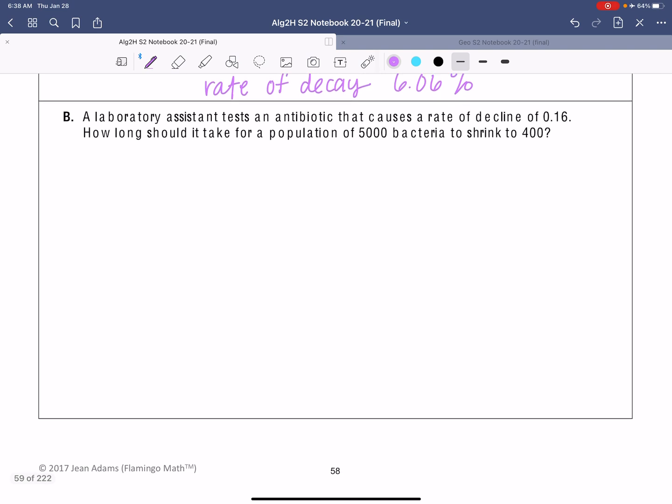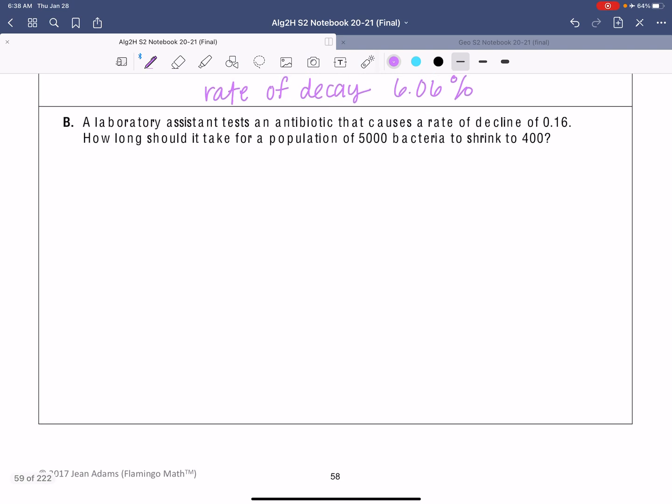All right, for this guy, a laboratory assistant tests the antibiotic that causes the rate of decline of 0.16. How long should it take for a population of 5,000 to shrink to 400? So now we're looking for our hours. So still plugging into that formula. H equals 1 divided by r. My r is 0.16.